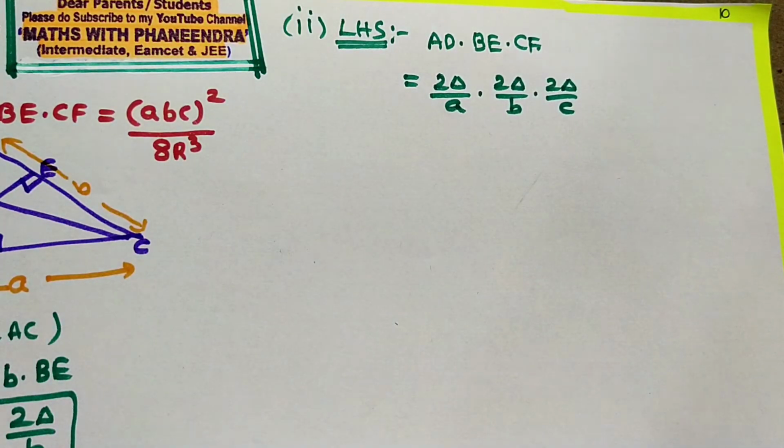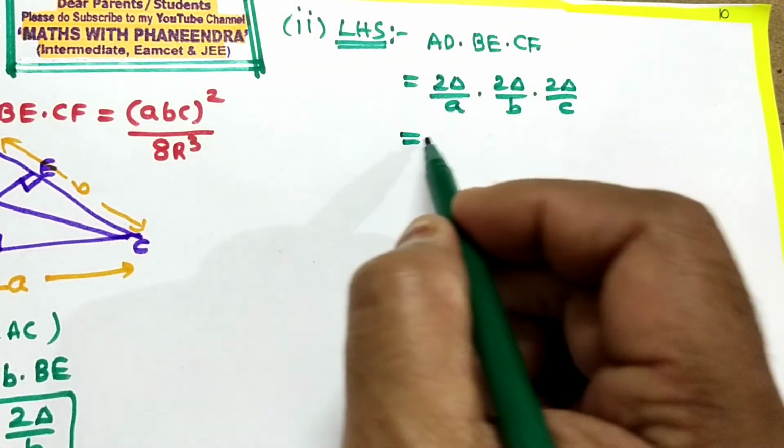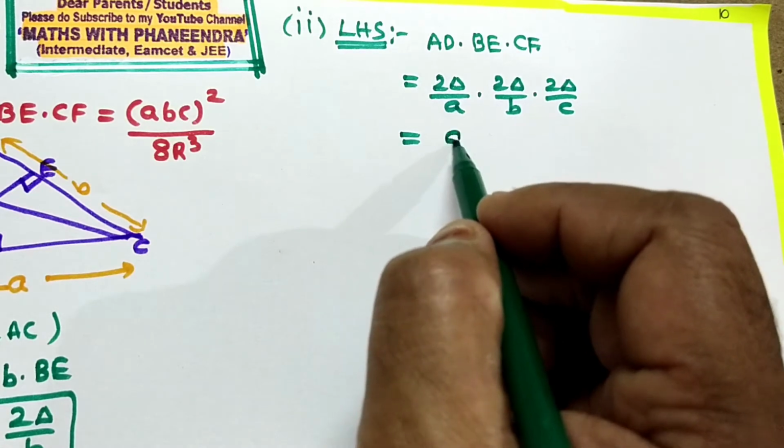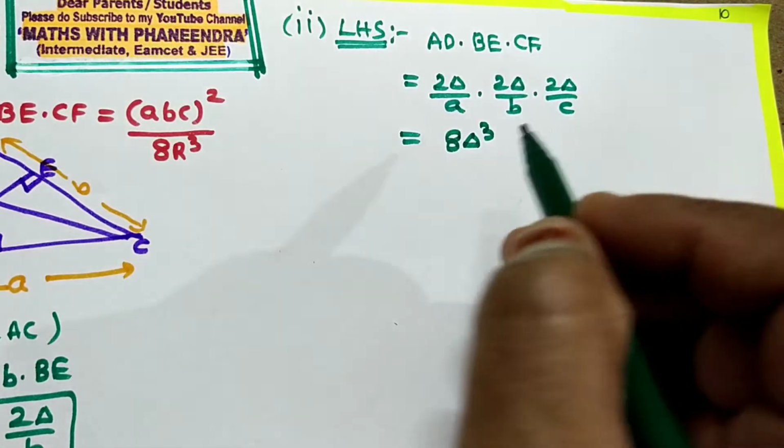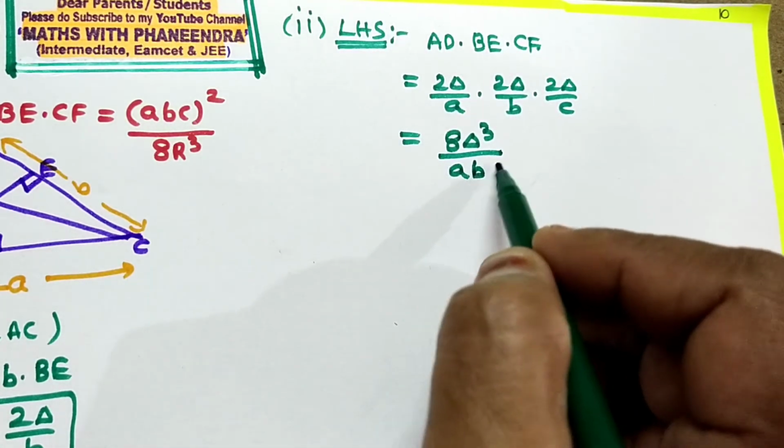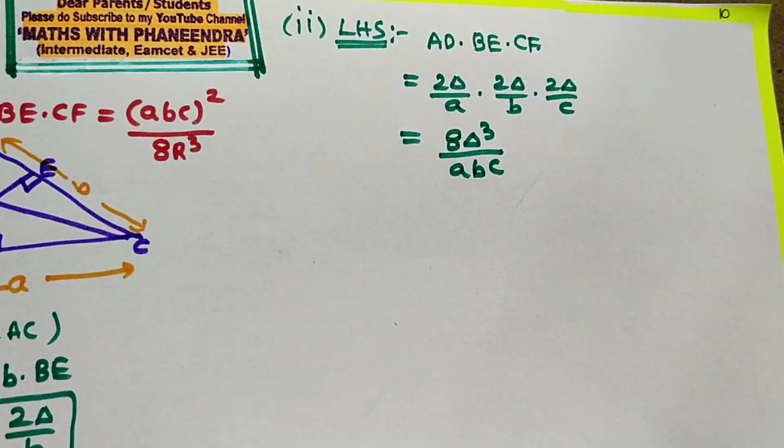That is equal to 2 delta into 2 delta into 2 delta, 8 delta cube divided by abc. But they are asking to prove abc whole square by 8R cube.